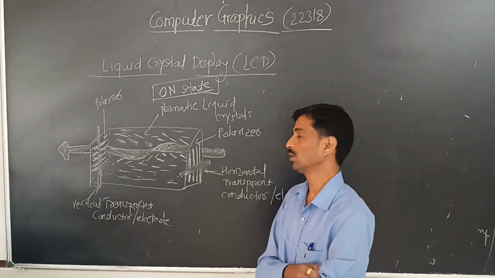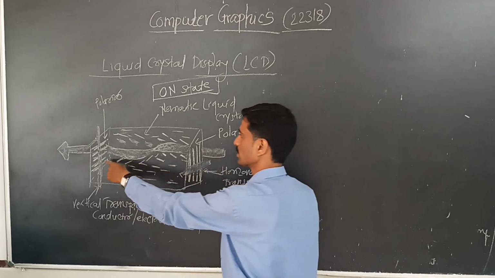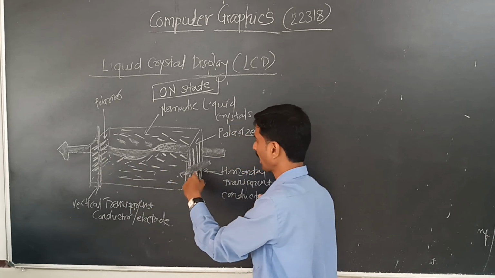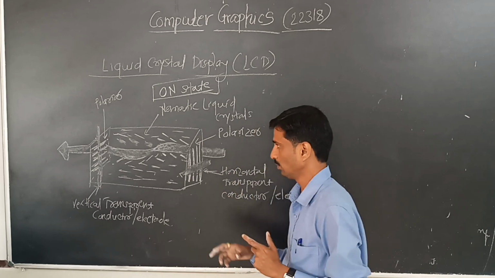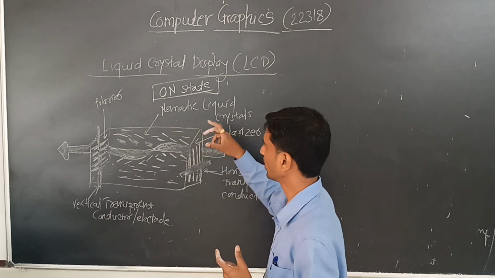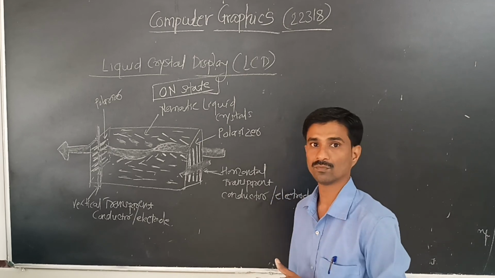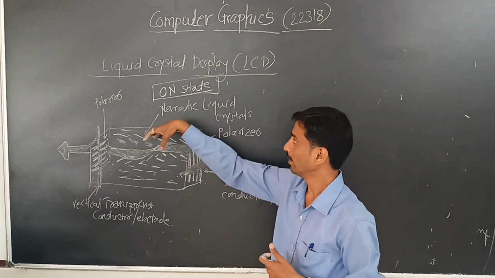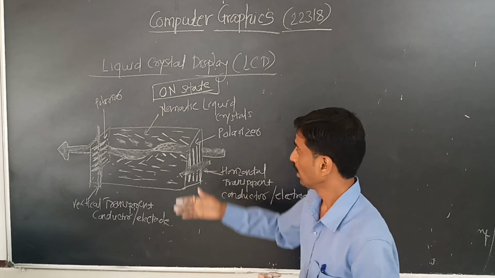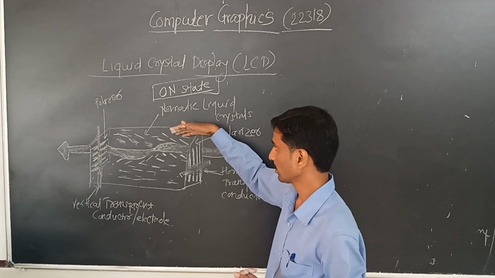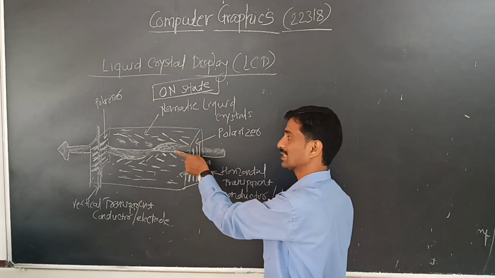But this is possible when we are applying the voltage on these electrodes. The nematic liquid crystals automatically move, the direction of the liquid crystals is changed, and they also change the direction of this light.